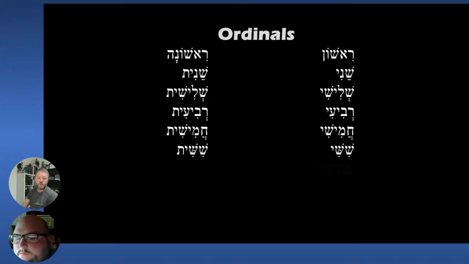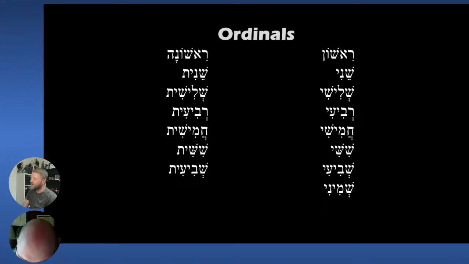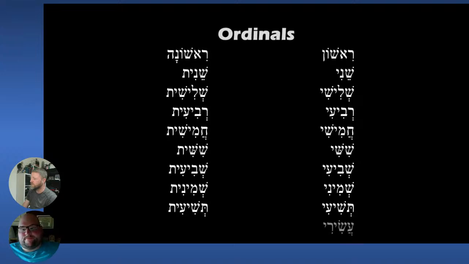Shabbat is after Yom Shishi. So the seventh day, Hayom HaShvi'i, is Shabbat. Shvi'i, Shvi'it, Shmini, Shminit, Tshi'i, Tshi'it, Asiri, Asirit. So the masculine is I, feminine is It.